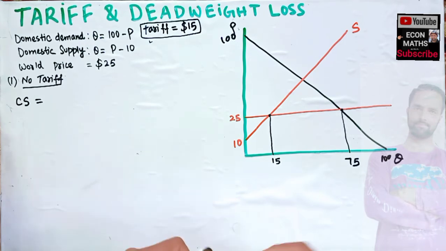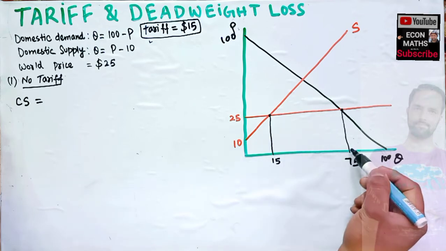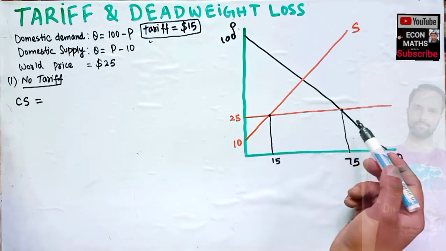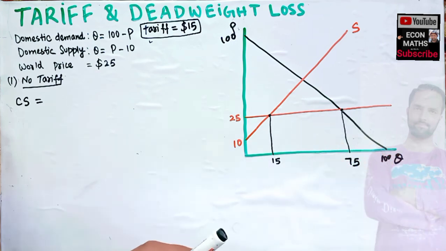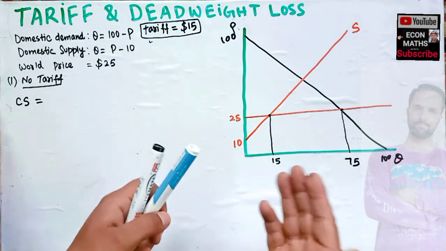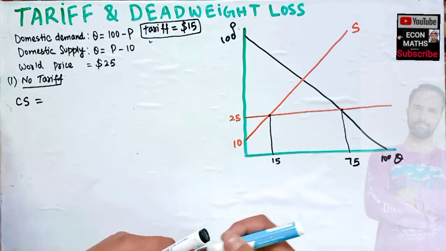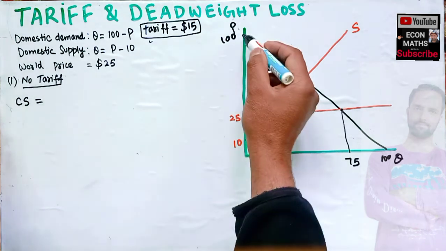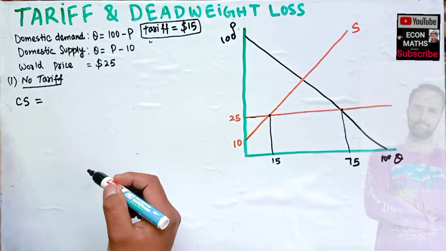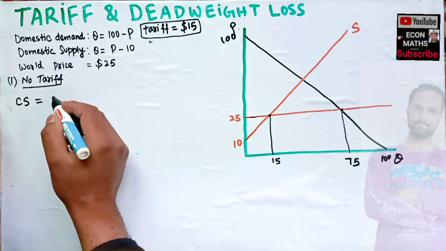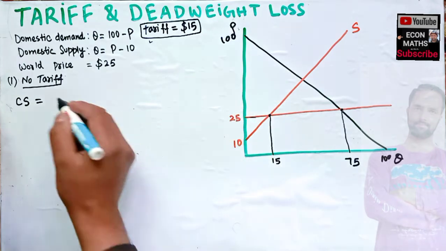Now this gap denotes our imports. Since quantity demanded is 75 and quantity supplied is only 15, the difference between these two gives us the magnitude of imports. And what is our consumer surplus? Consumer surplus is the area of this very triangle, which is one half base into height.